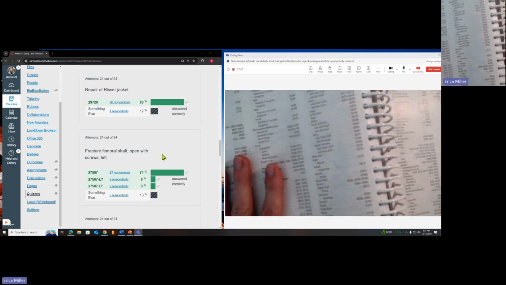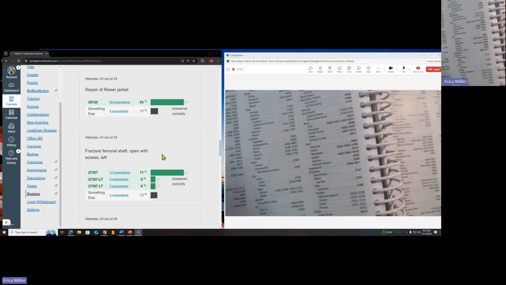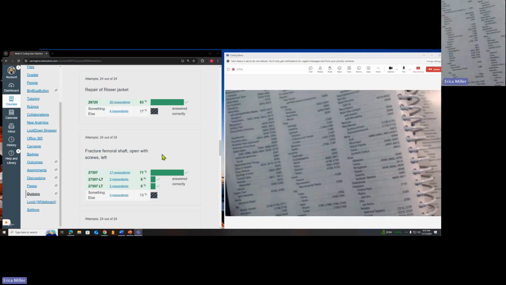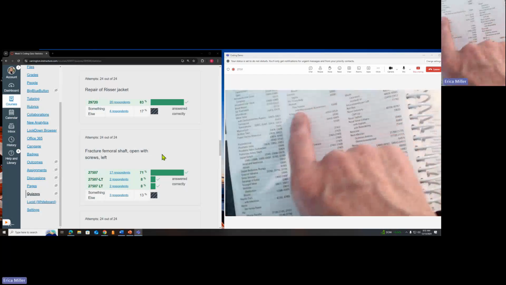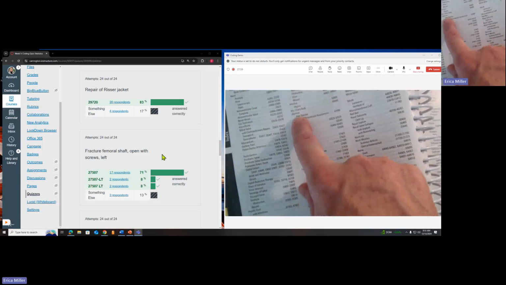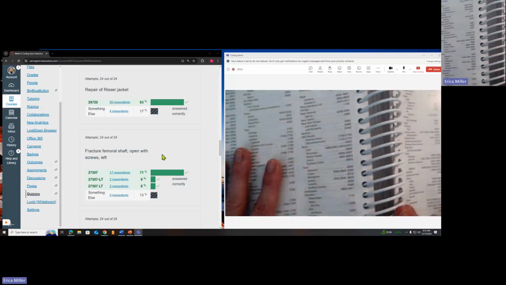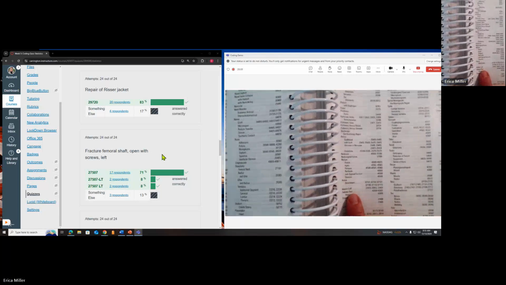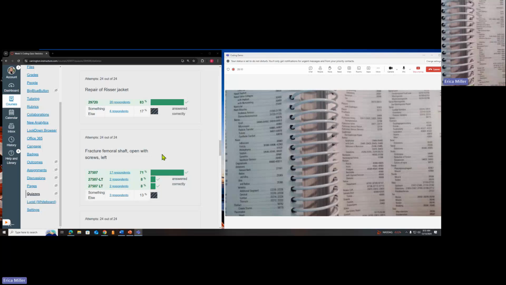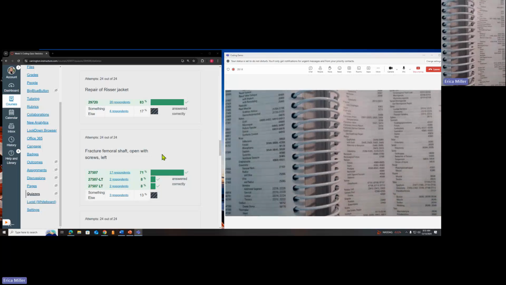Now, if you went to repair, I'm already over in the repairs as I'm scrolling along here. You could look under J, but there's only one J listed under the repair section, and it's not a jacket, so you've got to move on from that. If you went to the R's, you also don't have any options for Risser or jacket. So we got to go to that actual word.